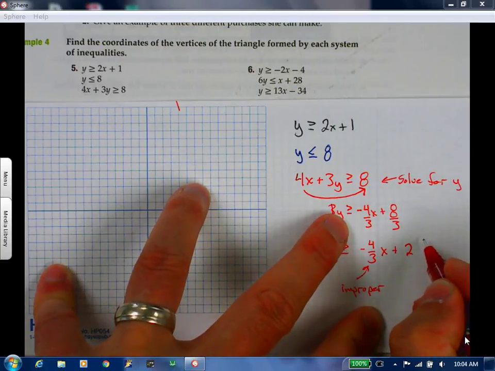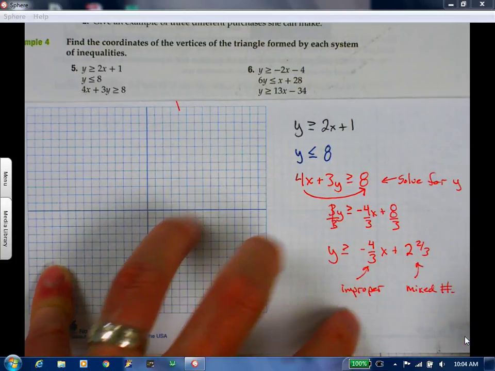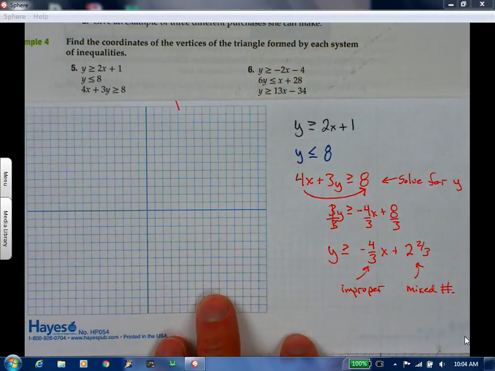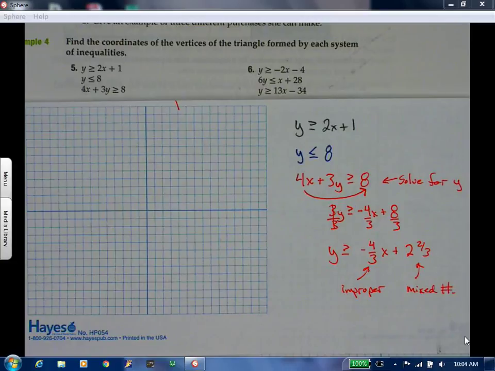So that'd be 2 and 2/3. So that's kind of a hint to help you get both of those on the graph correctly. Slope you want to leave improper. Y-intercept you want to put into a mixed number. If I told you what's easier for you to understand, put a point at 8/3 on the graph, or put a point at 2 and 2/3.